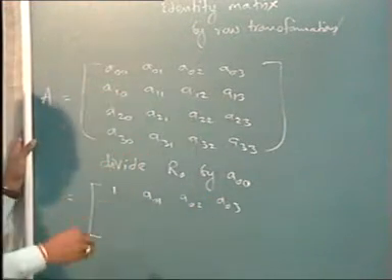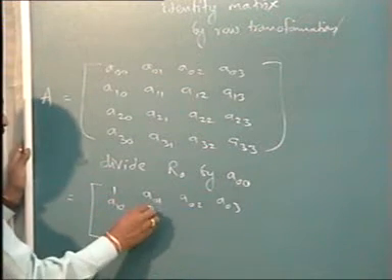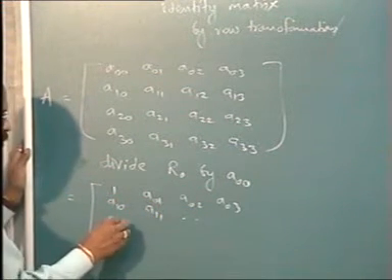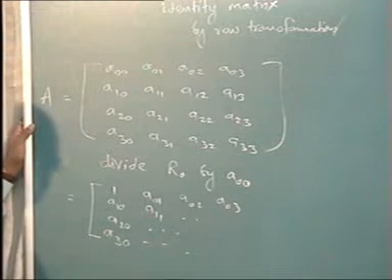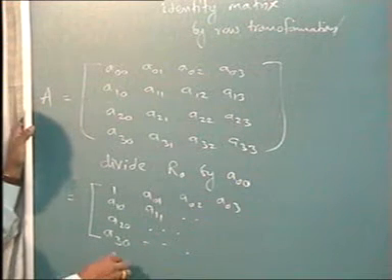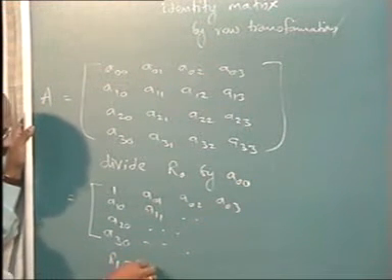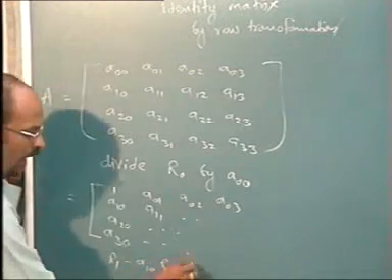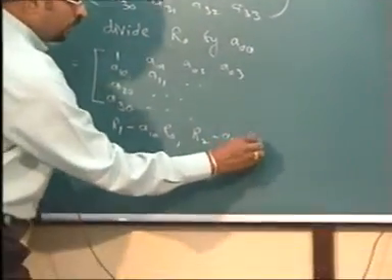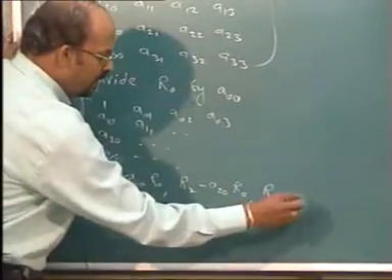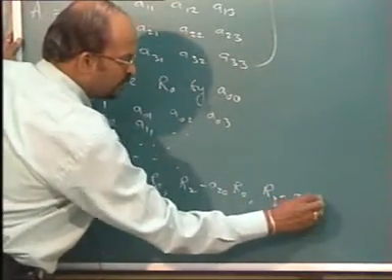So values are the new values. A10, A11, etc. A20, A30. Then the next job, it will be R1 minus A10 times R0, R2 minus A20 times R0, and R3 minus A30 times R0.